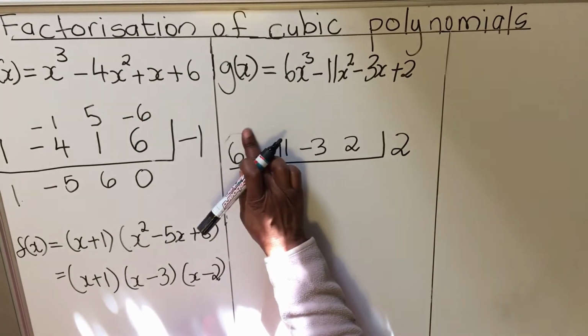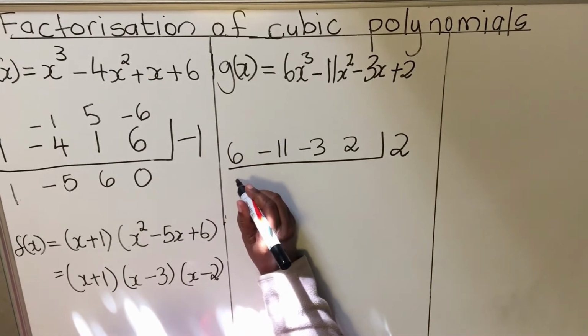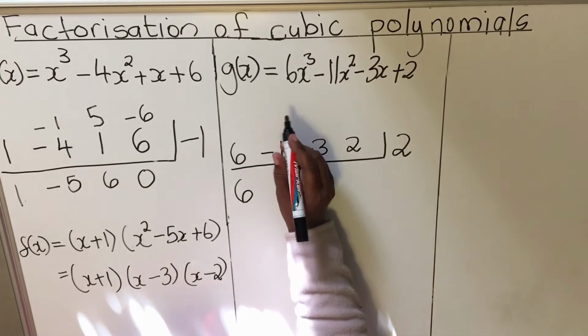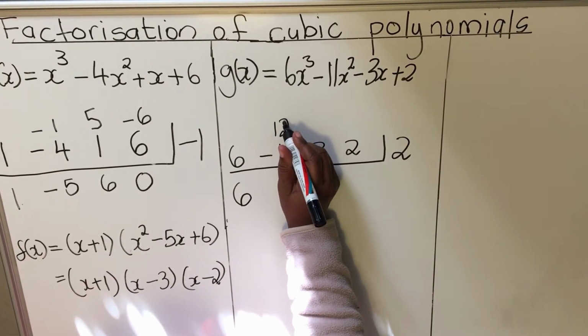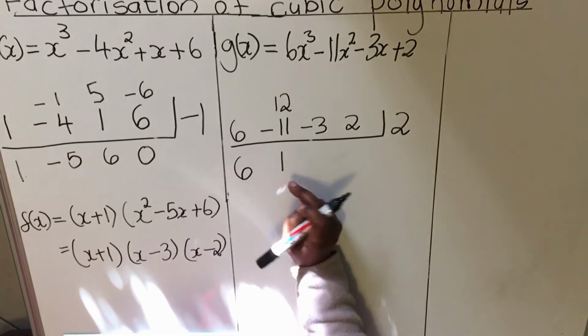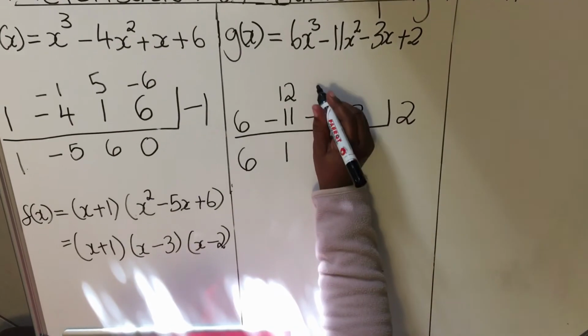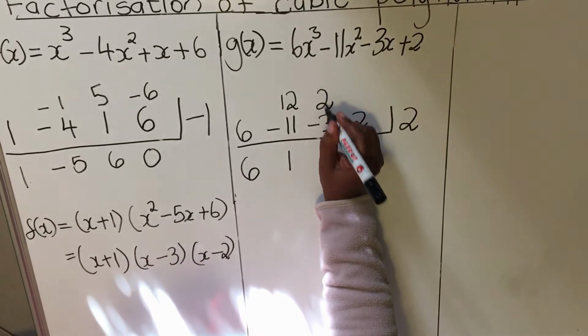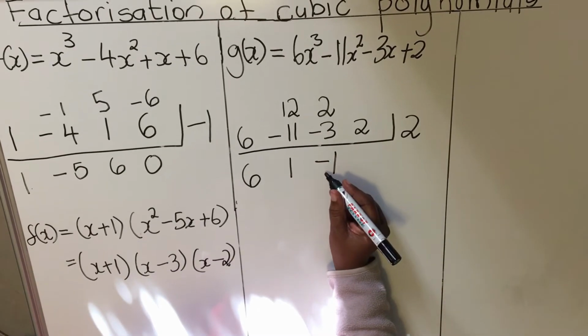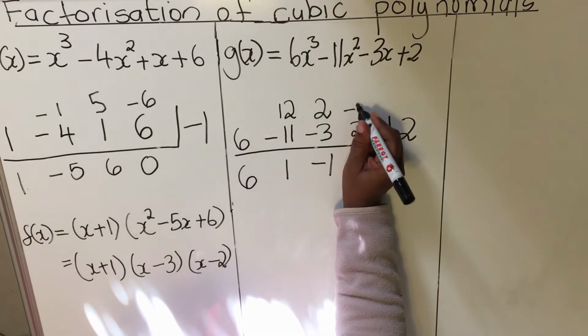After finding the factor, I drop the first one, which is 6. 6 times 2 is 12. I add, and 12 plus minus 11 will give me 1. 1 times 2 is 2. And 2 plus minus 3 gives me minus 1. Minus 1 times 2 is minus 2.